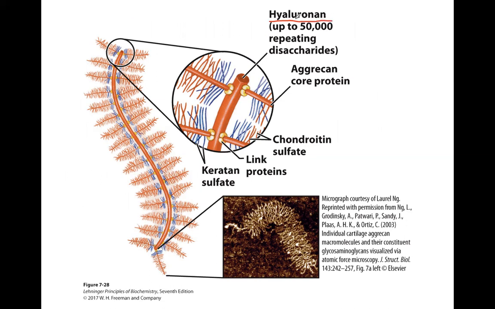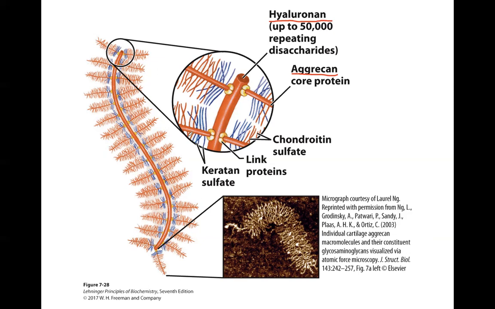I think that's how you pronounce it. Hyaluronan is a disaccharide in the center. And then this will be a core protein known as aggrecan, which is going to be attached to hyaluronan through link proteins shown here.